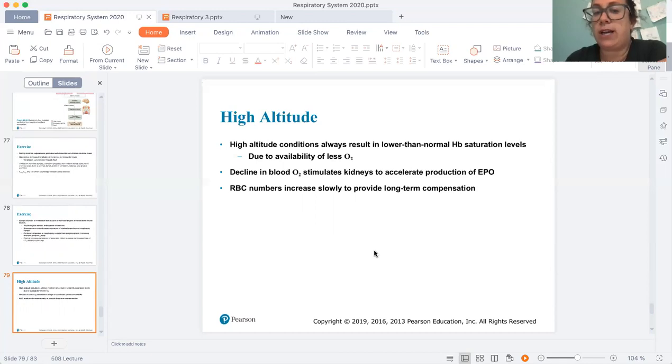With not having as much oxygen, your EPO is stimulated, and that EPO then increases the number of red blood cells. So short term, it can increase your stamina if you can work out at that higher altitude. But long term, this EPO is going to make an increased number of red blood cells. And remember, red blood cells hold on to oxygen. Oxygen is what gives us energy as far as cellular respiration.